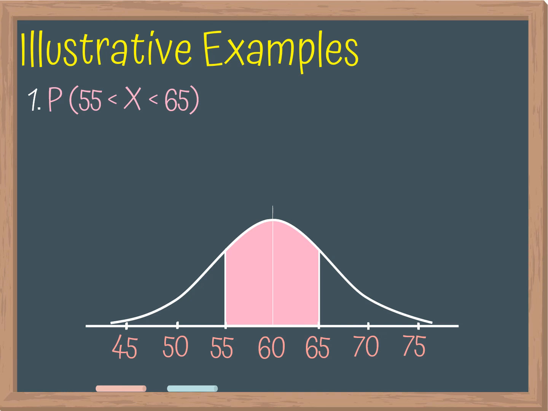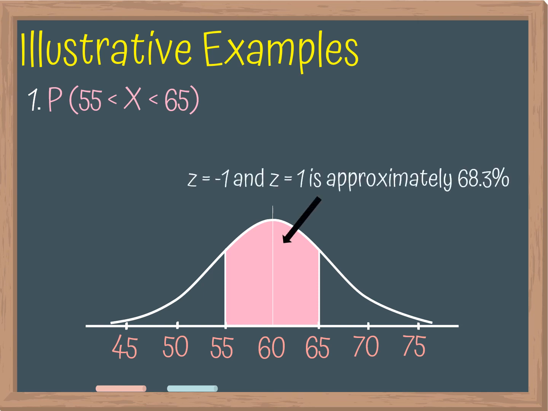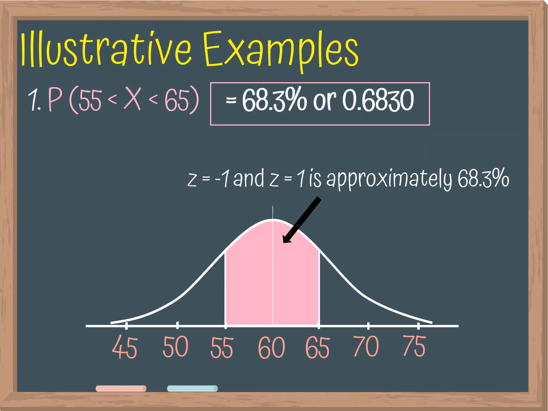So based on the empirical rule, as we can see here in our discussion a while ago, this area will be equivalent to -1 and +1, which is approximately 68.3%. Therefore, our answer for number 1 is 68.3%, or in decimals, that will be 0.6830.